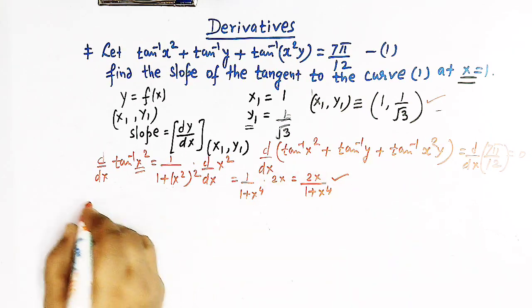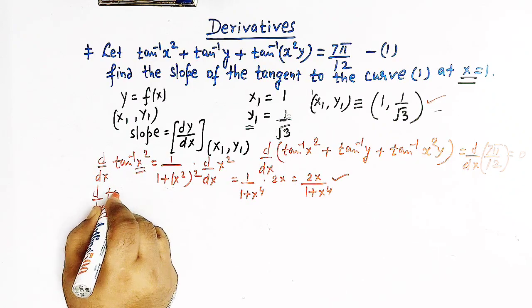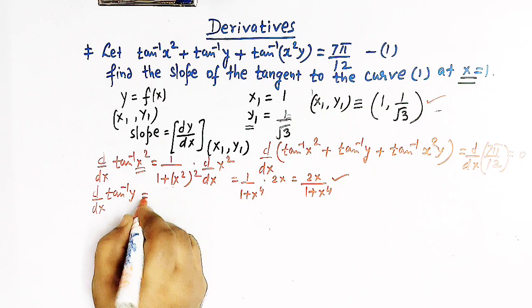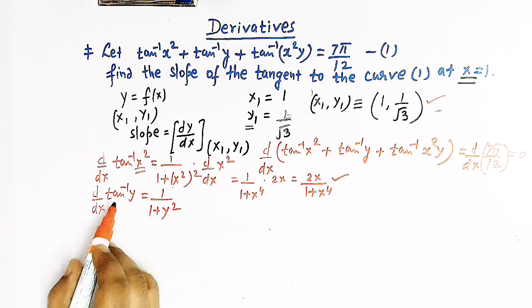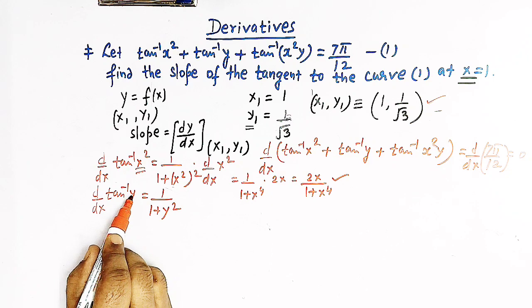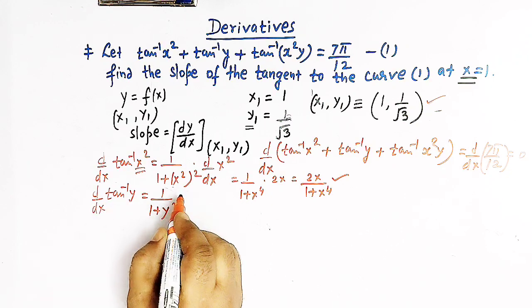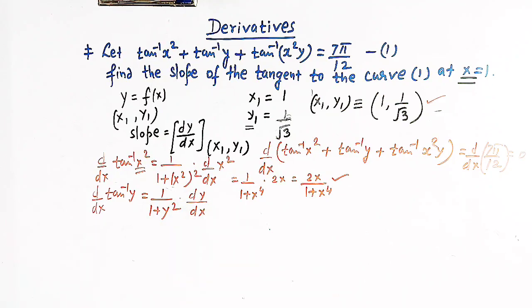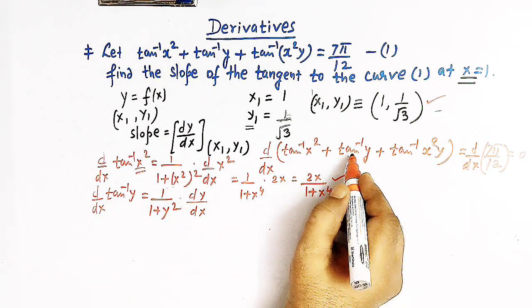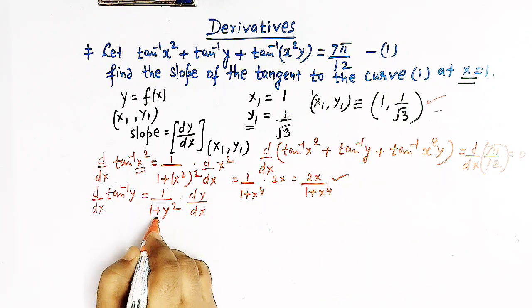Similarly, the derivative of tan inverse y is 1 over 1 plus y squared, because first we differentiate tan inverse y with respect to y, and then by chain rule we have dy over dx. So the derivative of tan inverse y with respect to x is 1 over 1 plus y squared times dy over dx.